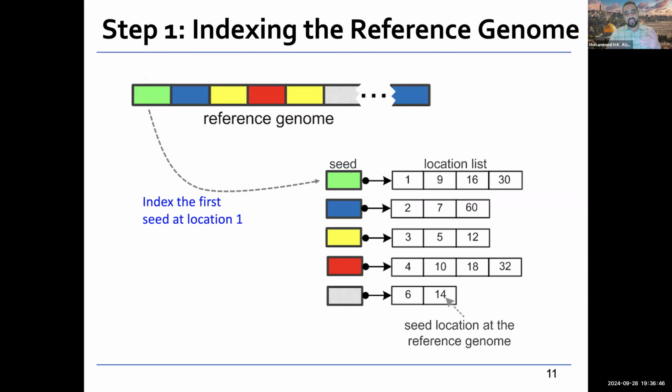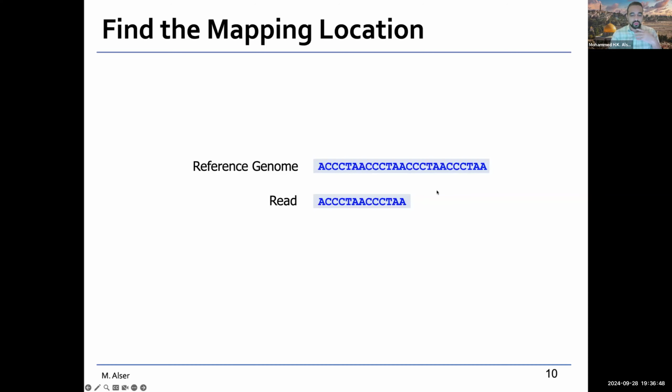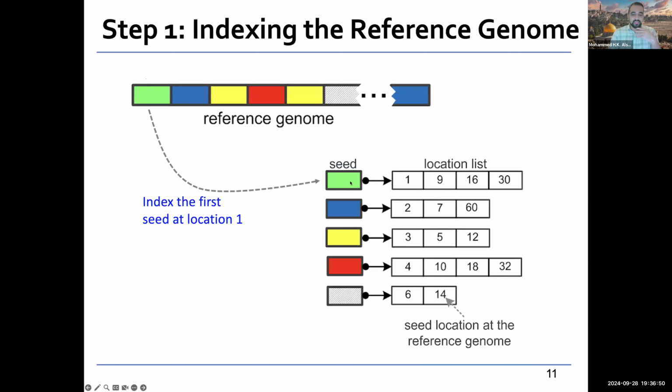So if you use a hash table, what we need to store is basically the seed itself, which normally we store as a hash value, not the content. And then we store a list of start locations of where each of those seeds appears as a first character in the reference genome.